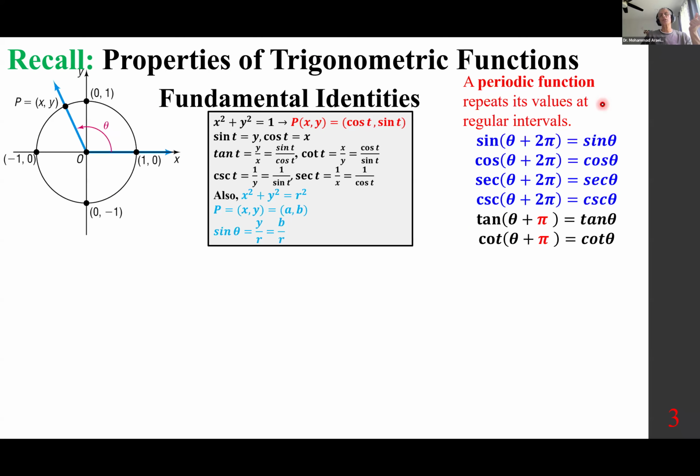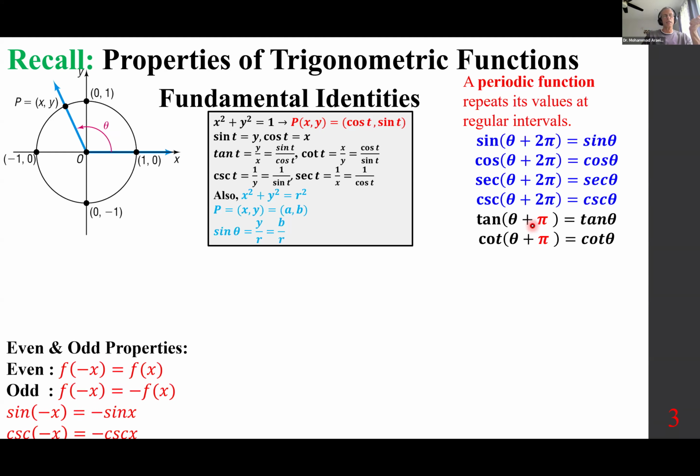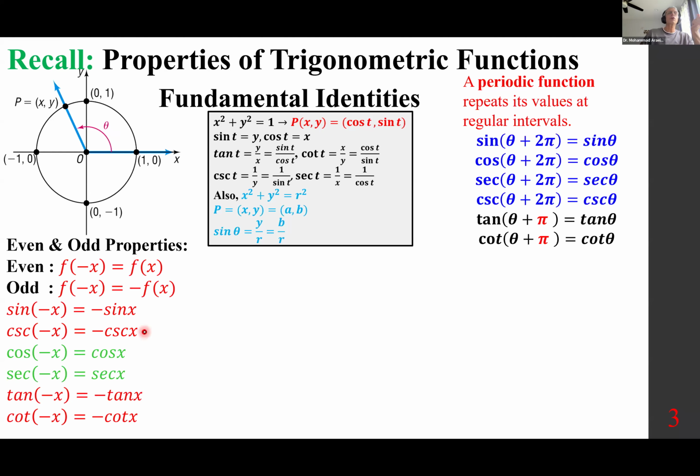Every trigonometric function is periodic with a period of 2 pi except tangent, the period of pi, and therefore cotangent. Every trigonometric function is an odd function, meaning f of minus x equals minus f of x, except cosine, where f of minus x equals f of x. Cosine of minus x equals cosine x, and therefore secant follows it as well.